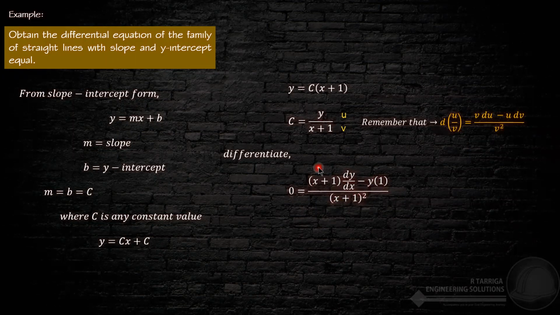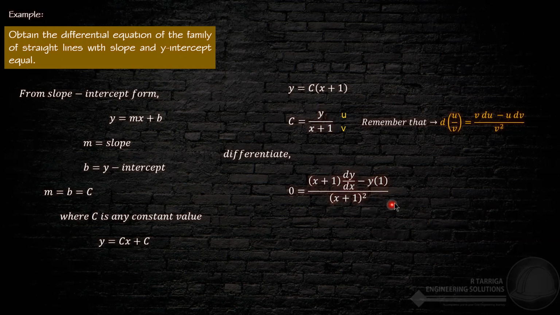So v du, where the derivative of y is dy over dx, minus y, u dv. The derivative of v, x plus 1, would be 1. Again, we differentiate everything with respect to x.